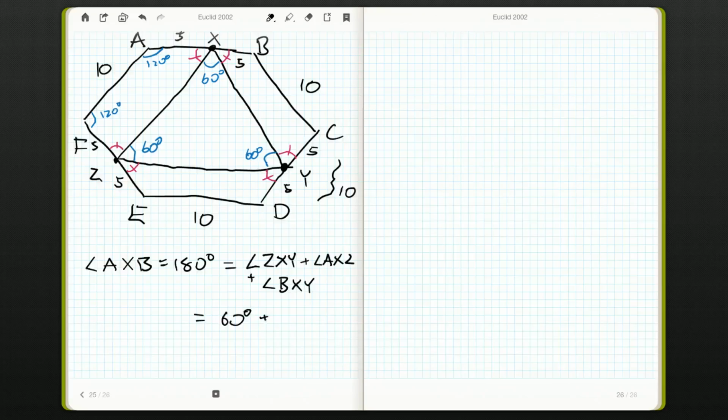And that's 60 degrees plus 2 copies of our red angle. And it doesn't take too long to see then that our red angle is going to have to be equal to 60 degrees. We can work that out separately.